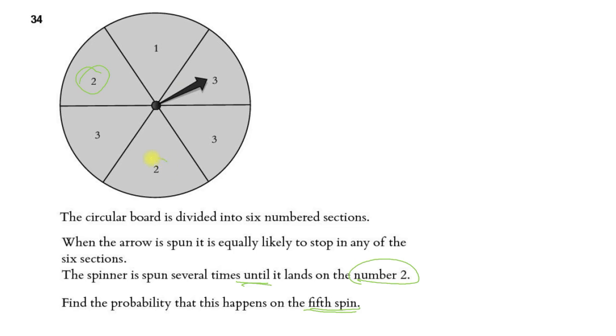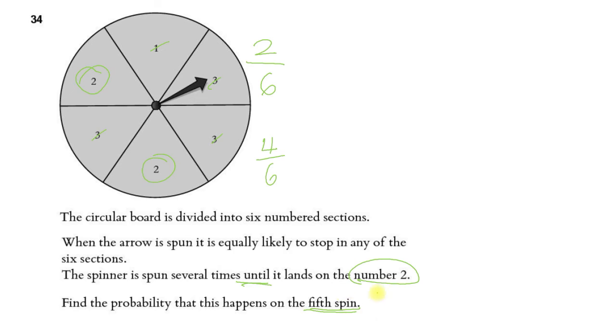So how many 2s do you see on this board? 2. So the probability of landing on number 2 is 2 out of 6 because there are 6 sections. And the probability of landing on a number that is not 2 would be 4 out of 6, right? Because there are 4 numbers that are not number 2.